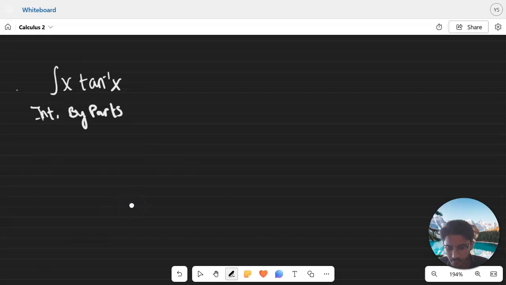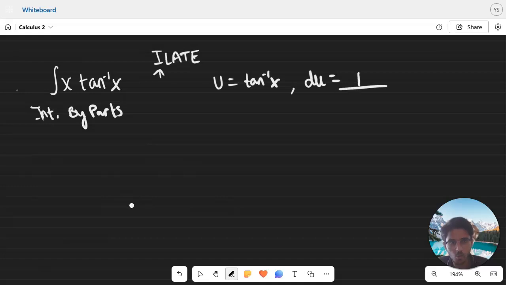Let's figure out our u and dv. In this case, since I comes first, that stands for inverse trig, we're going to let u equal tan inverse of x. The derivative of u, which is du, is going to be 1 over 1 plus x squared.